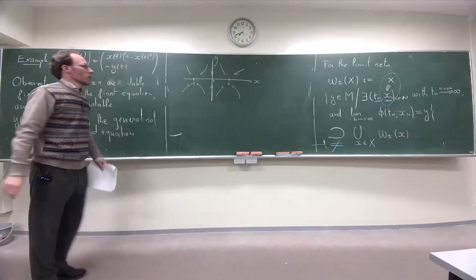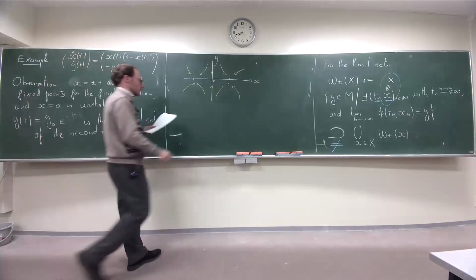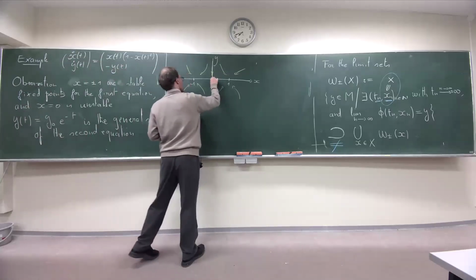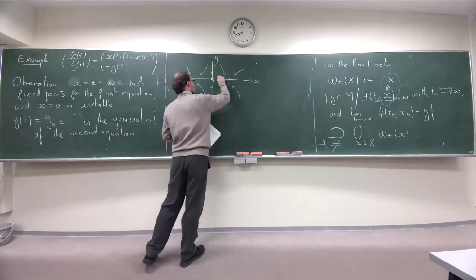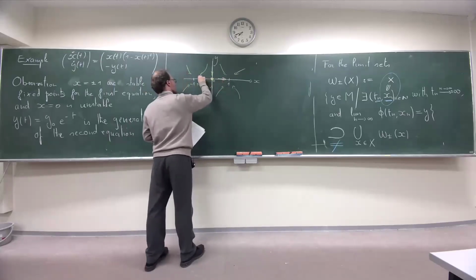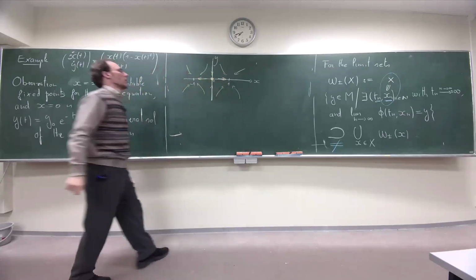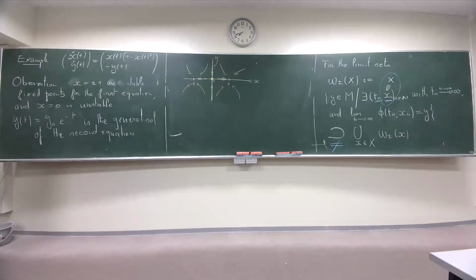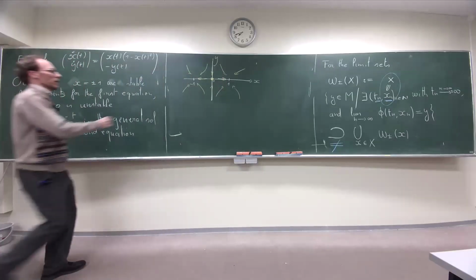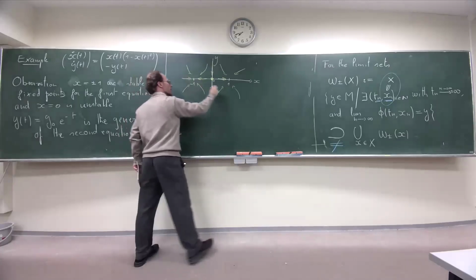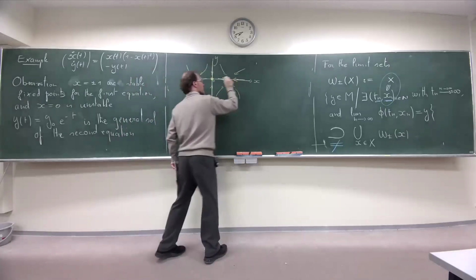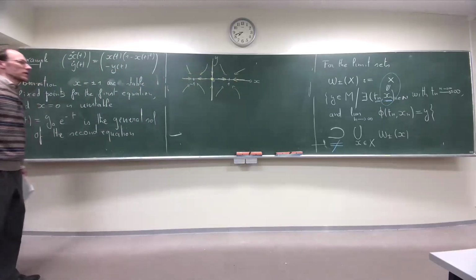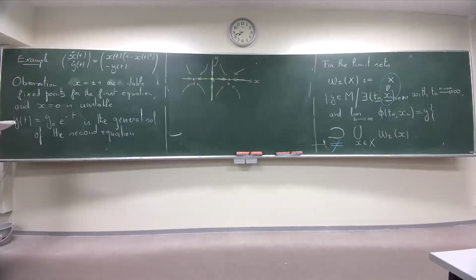And you can wonder what happens on the real axis. So 0 is a fixed point, and you have something like this on this axis and something like this on this one. So this is probably the picture of this.